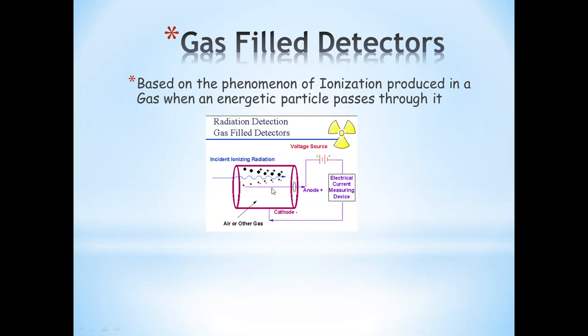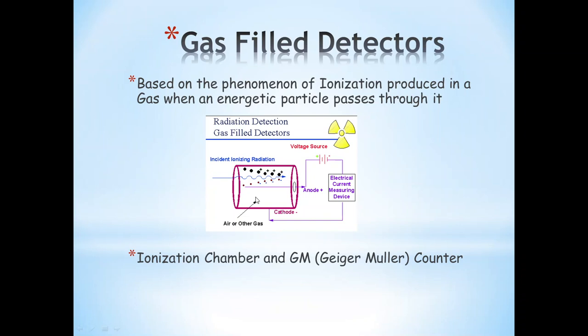If no particle is incident, no current will flow, so there is no current in the circuit. But when an energetic particle is incident in the gas inside, it causes ionization and electron-ion pairs are produced. The electrons will be attracted to the anode and the ions will start moving towards the cathode. A discharge takes place and a current flows in the circuit, which can be amplified and measured. This is the basic principle of operation of a gas filled detector.